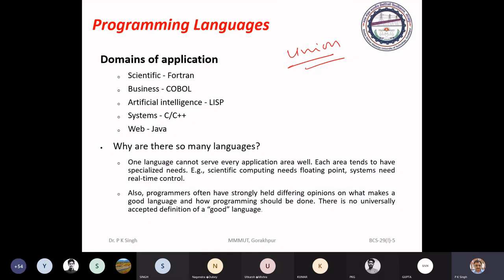Union is a memory class, and structure is also a memory class. The union structure is available in this very language to enhance its capability to handle the processor registers. Through union, we handle the processor registers.